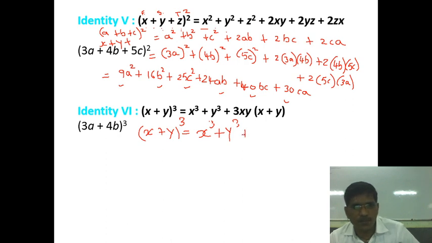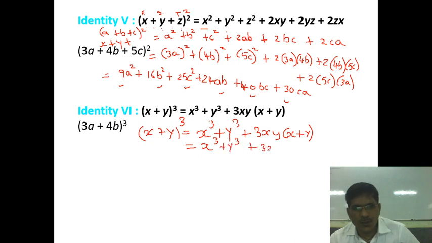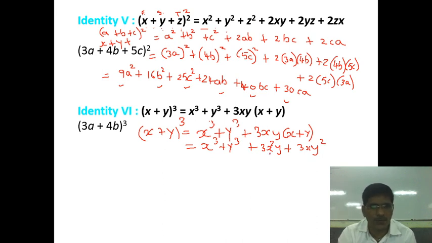Then plus 3, I have to write here, and both terms' variables I have to write multiplied, and the bracket as it is. Afterward we have to open it: x cube plus y cube plus 3x square y plus 3xy square. That way I have to remember.